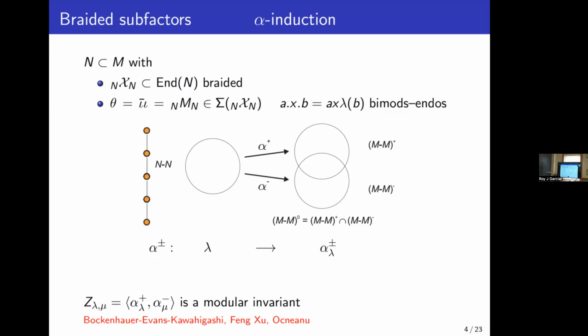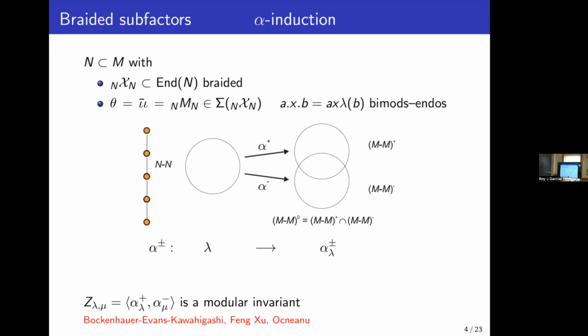So in general, the image of alpha plus and alpha minus are not even commutative, they're not graded. But the intersection is graded. So the extended system has a Verlinde ring, we call it, which is inside here. And that's all this inner product sees.